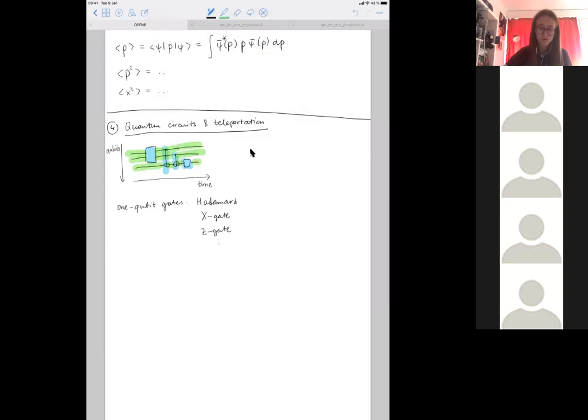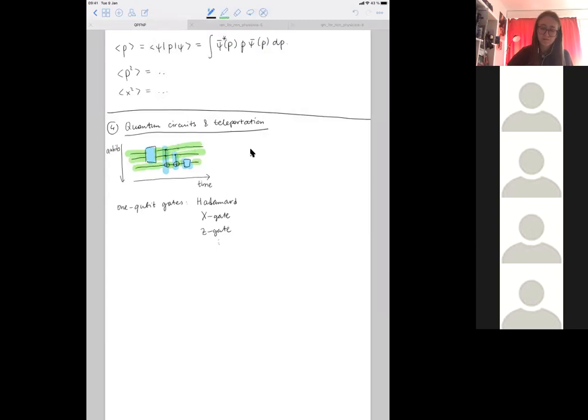For each of these gates, like Hadamard, X gate, Z gate, they all have a 2x2 matrix which corresponds to them in the 0-1 basis of the qubit. But it's enough to remember how they act on 0 and 1 states.